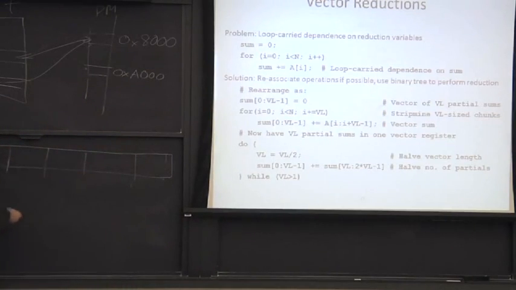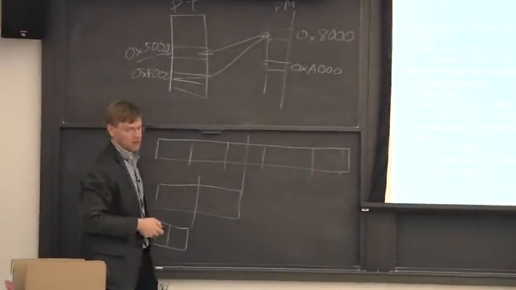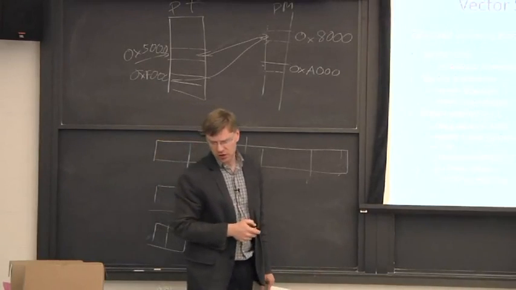So if we have our vector here, we would cut it in half and add this part with this part, and then the result would be half the size. And we cut it in half, and we add this part with that part, and the result is half the size. We cut it again, we keep doing adds. So we can use our vector arithmetic to effectively do a reduction.